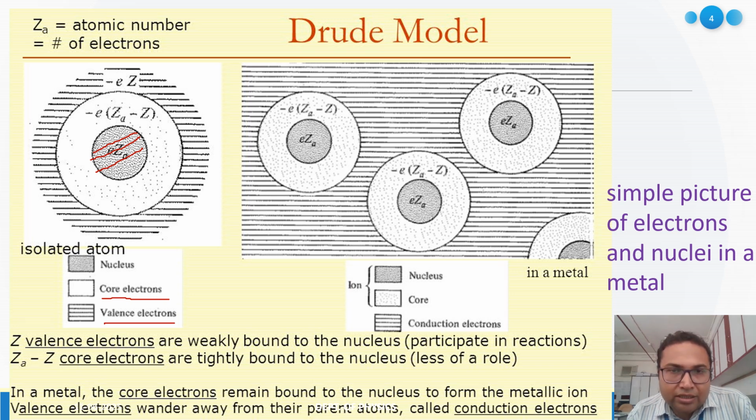That is why these ion cores are positively charged, and they are fixed. They cannot move. That is why we call them immobile. And then we are left with those valence electrons, which we term free electrons. These free electrons move throughout the metal like a sea, and there are numerous electrons.